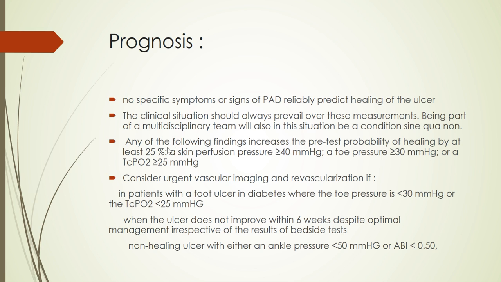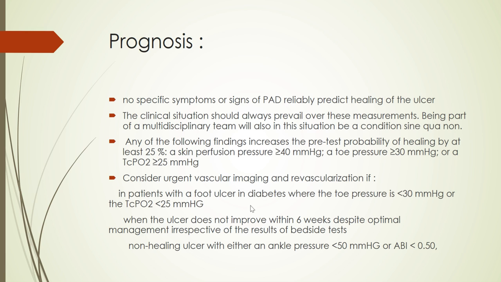But I found in articles that these things increase the pretest probability of healing at least 25%: a skin perfusion pressure equal or more than 40 millimeters of mercury, a toe pressure equal or more than 30 millimeters of mercury, or a TcPO2 equal or more than 25 millimeters of mercury. If these exist, we know that the outcome probably is going to be better.